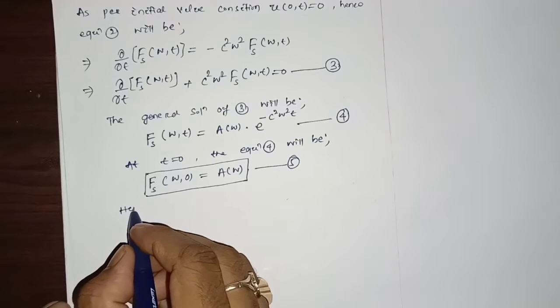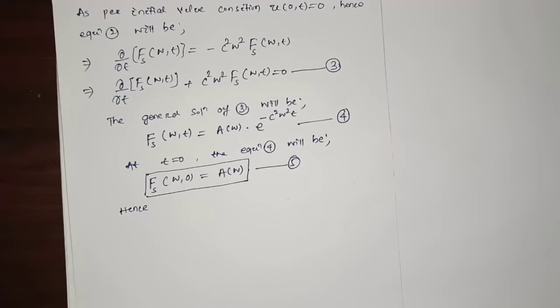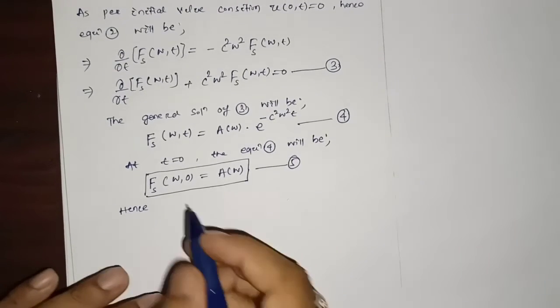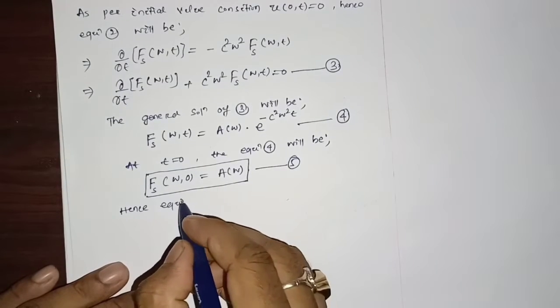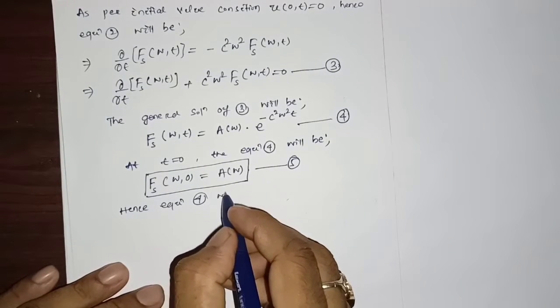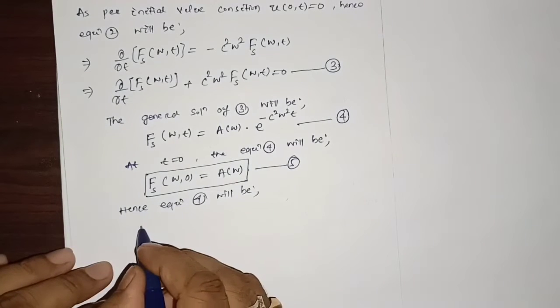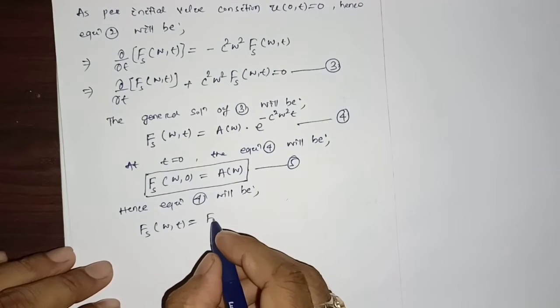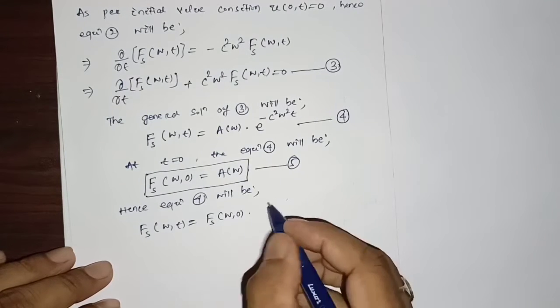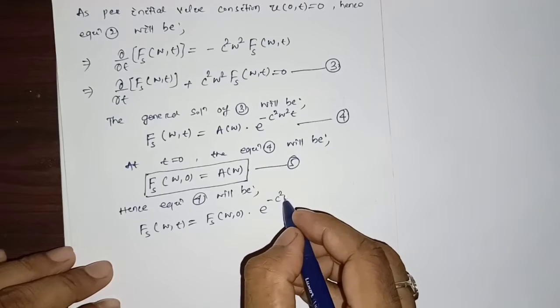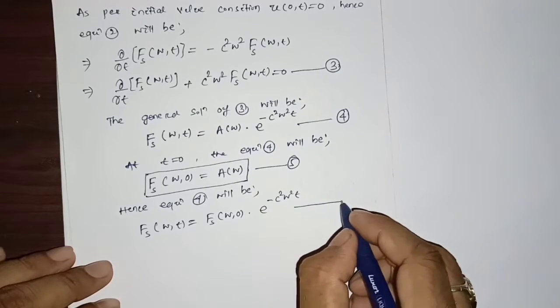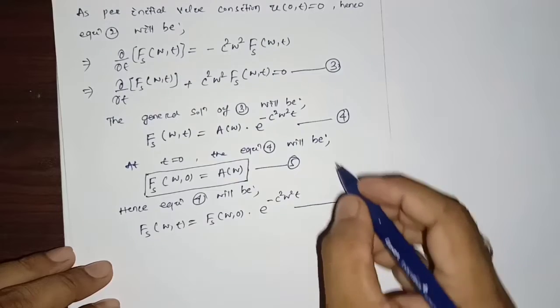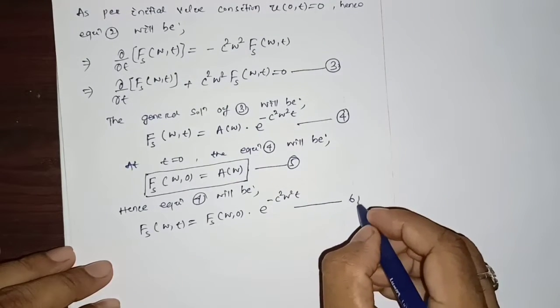Hence equation number 4 will be Fs(omega, t) equal to capital Fs(omega, 0) into e to the minus c square omega square t. This is the modified general solution of equation number 3. Let this be your equation number 6.